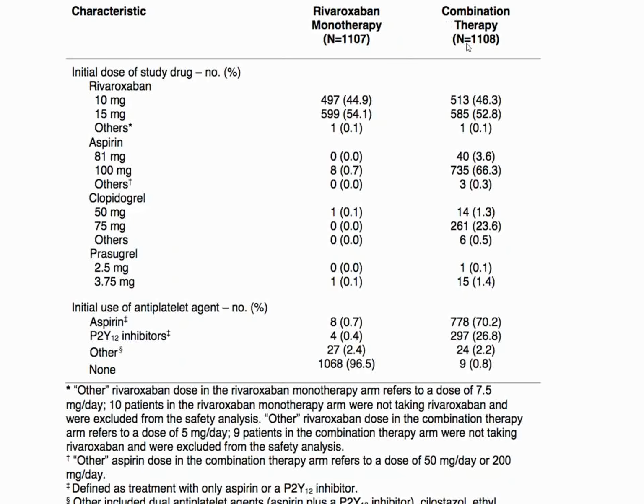The other group got combination therapy. They got the same doses of rivaroxaban, but they also got either aspirin or clopidogrel or prasugrel or whatever else the doctors wanted to give them. So they got a combination therapy of rivaroxaban plus either aspirin or P2Y12 inhibitors.